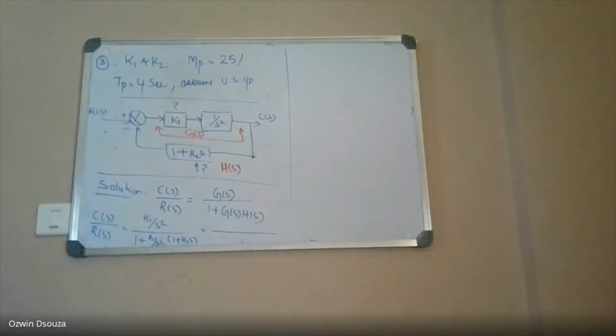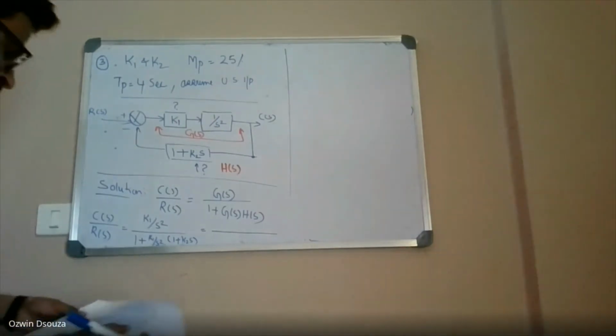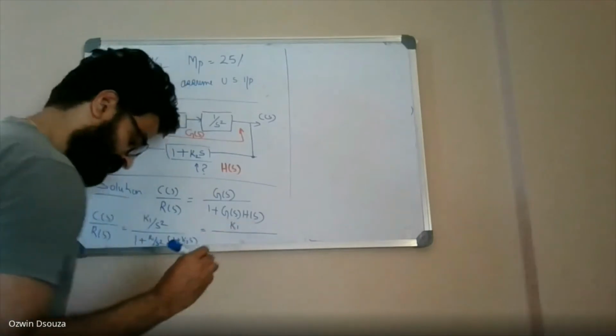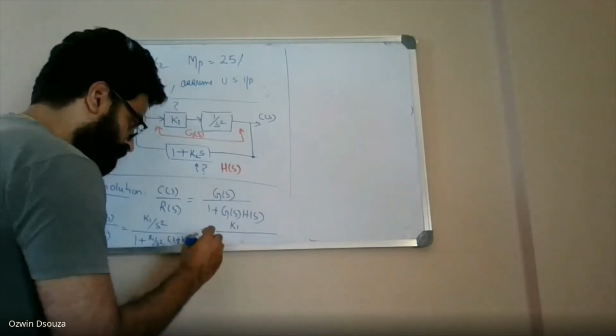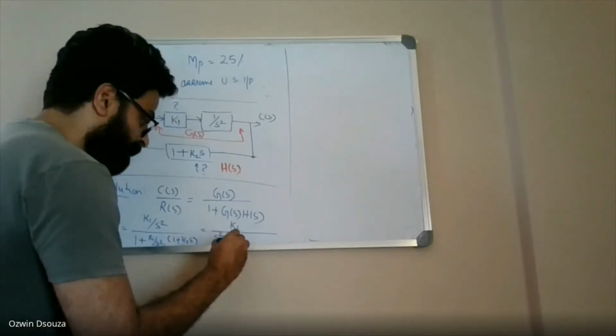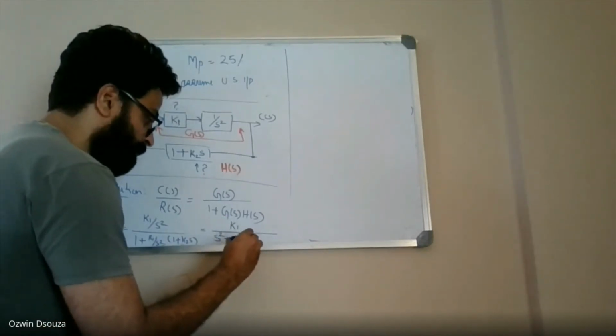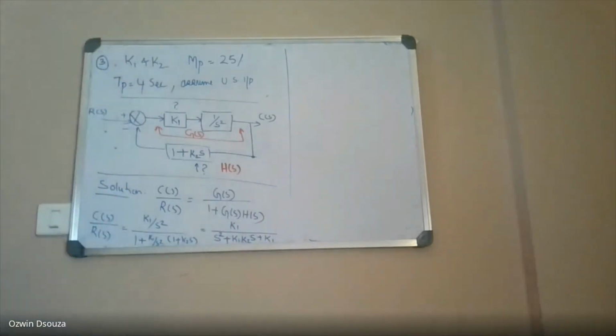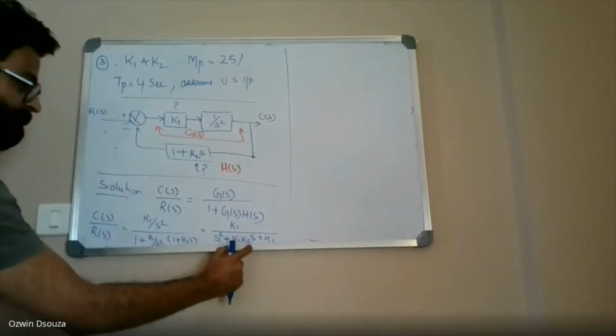Okay, try simplifying this and check whether you get c of s by r of s as k1 in the numerator divided by s square plus k1 k2 s plus k1. Right, so this is your transfer function.